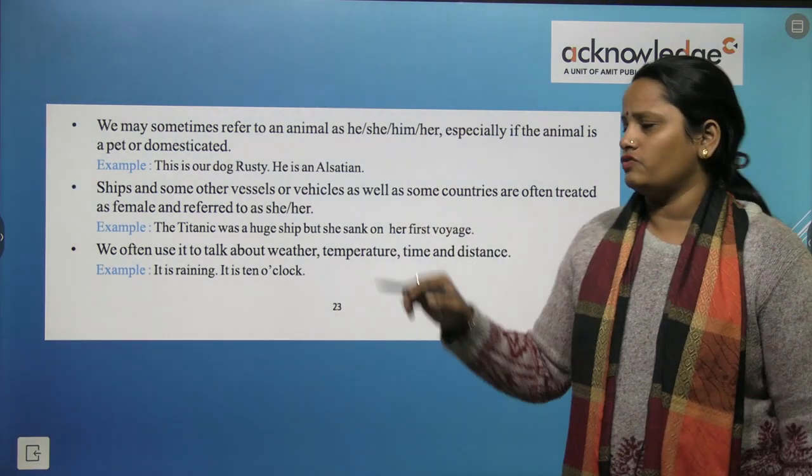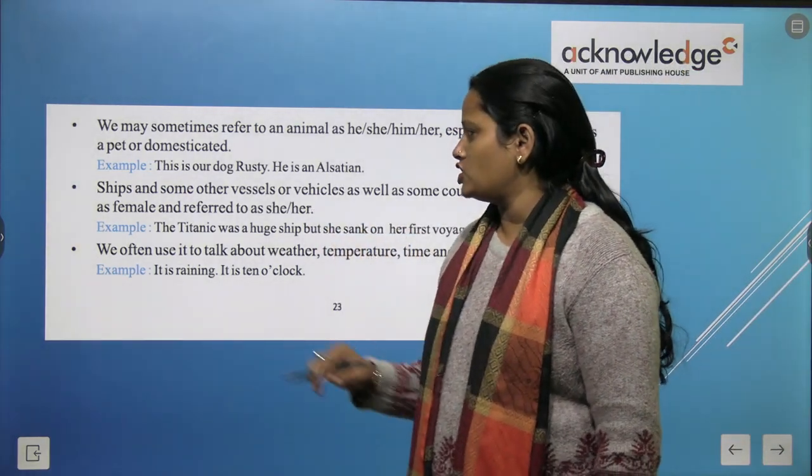Ships and some other vessels or vehicles as well as some countries are often treated as female and referred to as she or her.